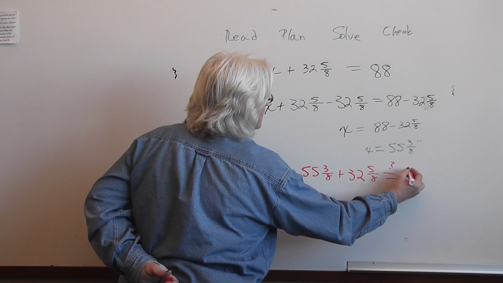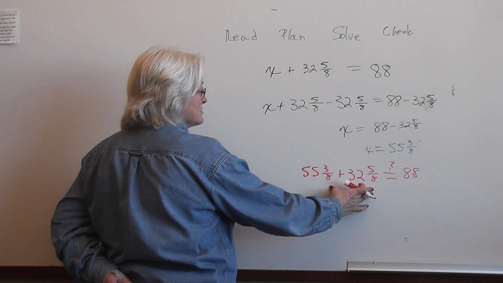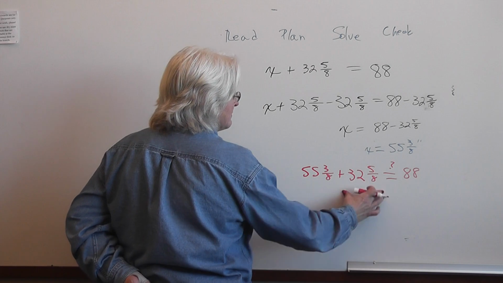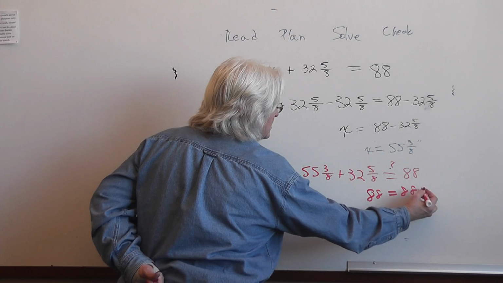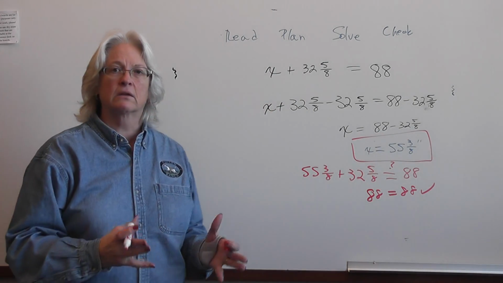Is that equal to 88? 3/8 and 5/8 is 1. 52 and 32 is 84 plus... 55 and 32 is 87, plus the 1 is 88. So we see that our solution is correct.